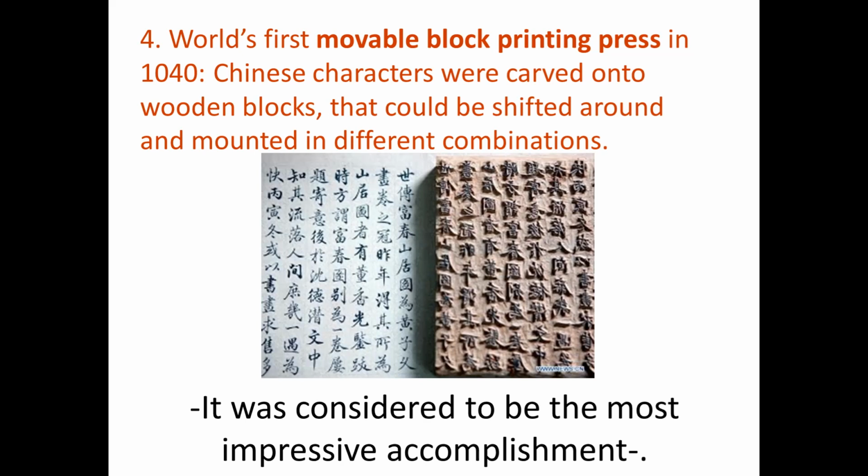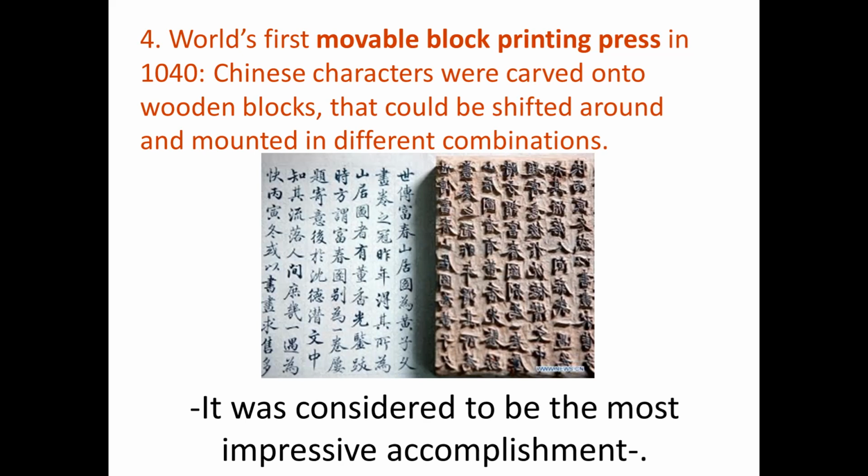After carving it, they would use ink and start painting, putting ink above each character. Then they would use this movable block and print it on top of a paper. And again, when they wanted to make another copy, they just had to paint the characters again and print it. So this way was considered at that time to be what?